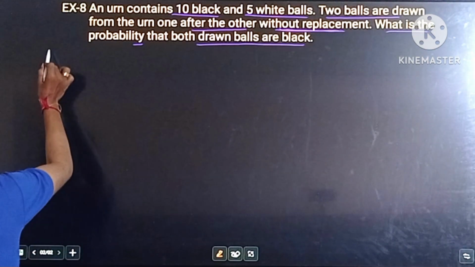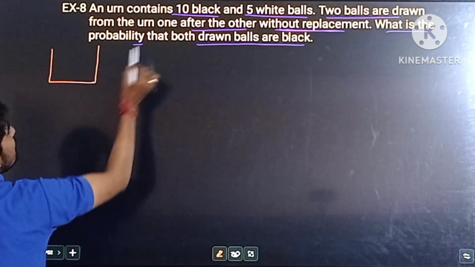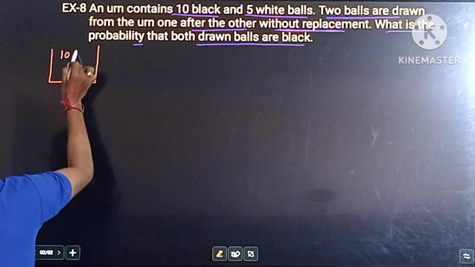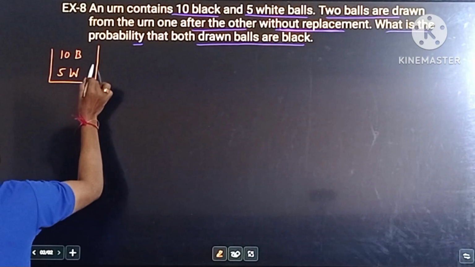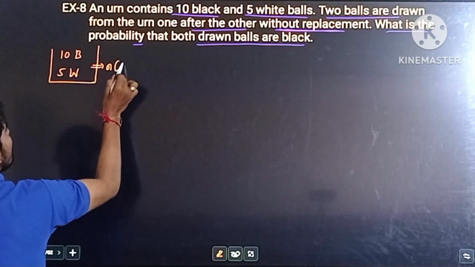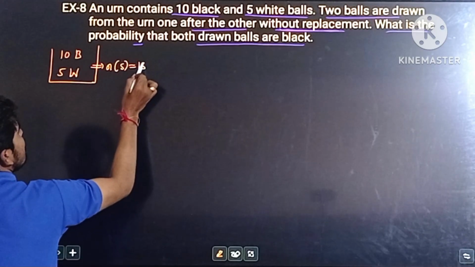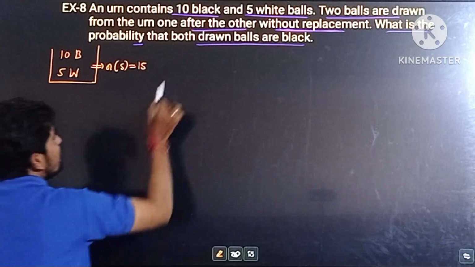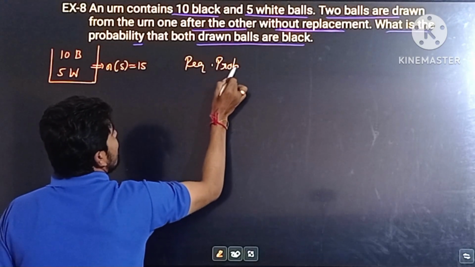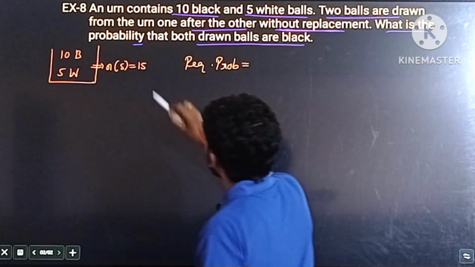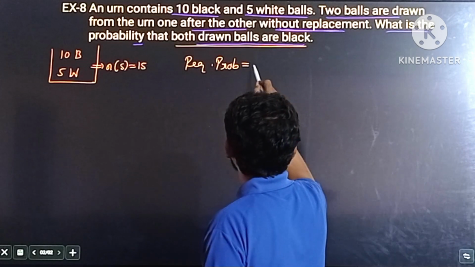So here an urn contains 10 black balls and 5 white balls. So the total number of balls, the number of outcomes in the sample space, is 15. The required probability: both drawn balls are black.